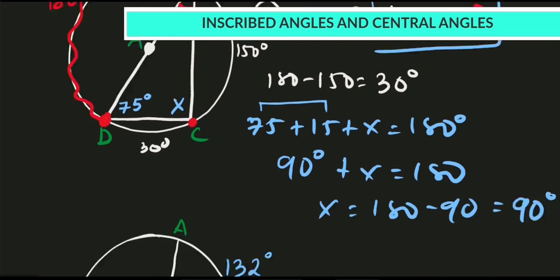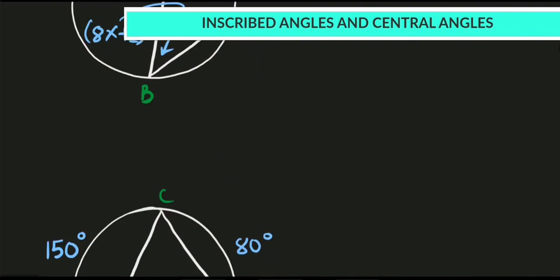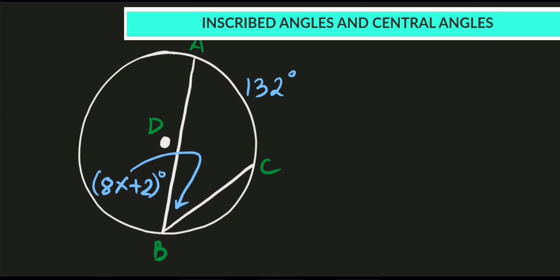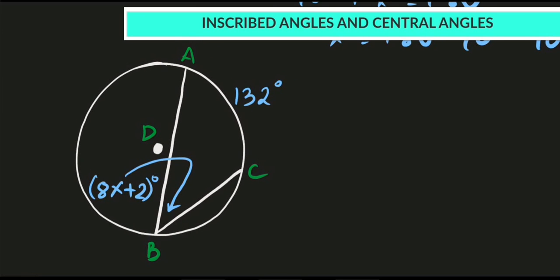Next, we have another problem. For this circle D, we have this inscribed angle ABC. Since the value of this intercepted arc is double the value of this angle B, let's equate this one.